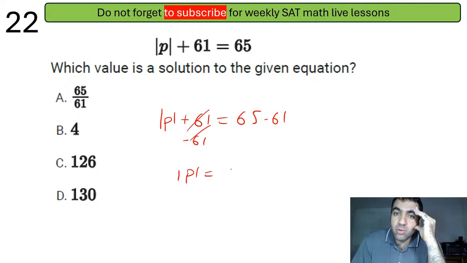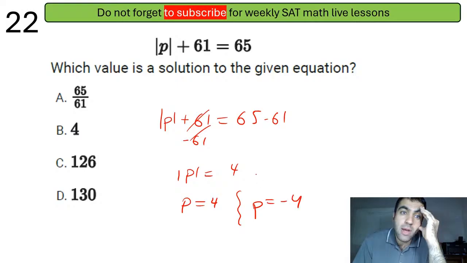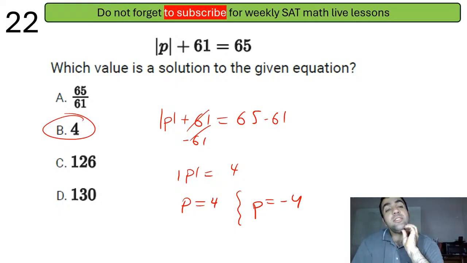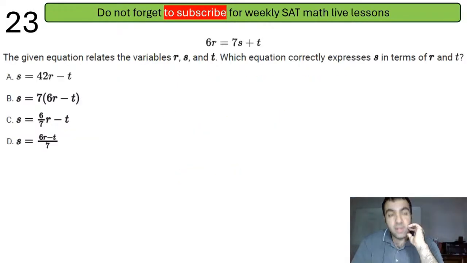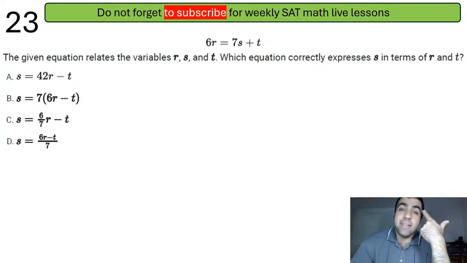Module P is equal to 4, and P is 4 or P is negative 4. But in the answers, we see that there is just 4, positive 4. You were right, guys.